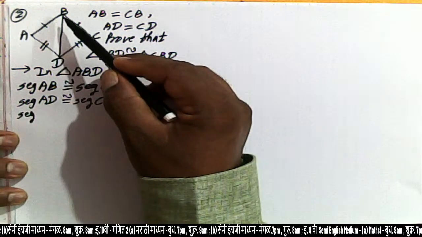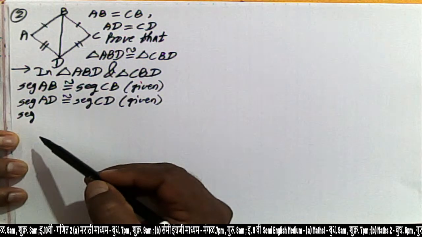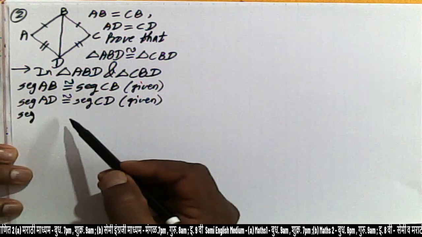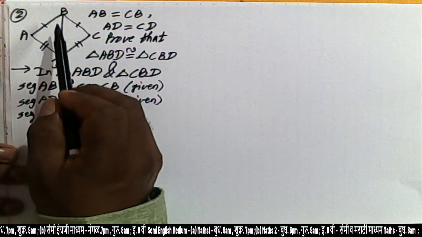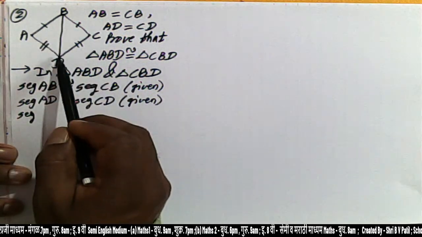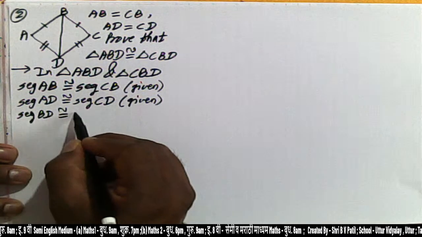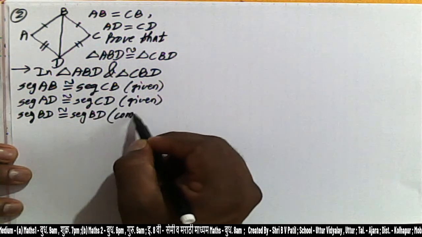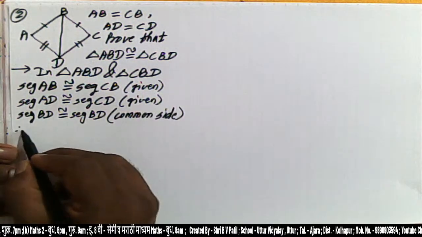Third, in both triangles segment BD is present, means this is a common side. Segment BD congruent segment BD, and the reason is common side.